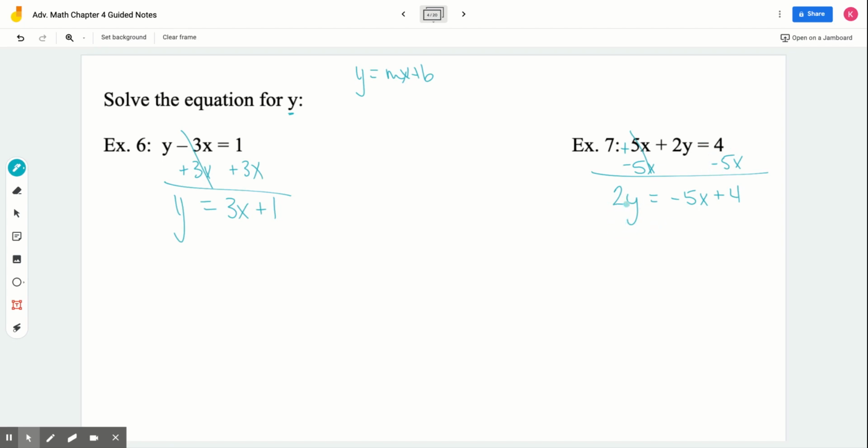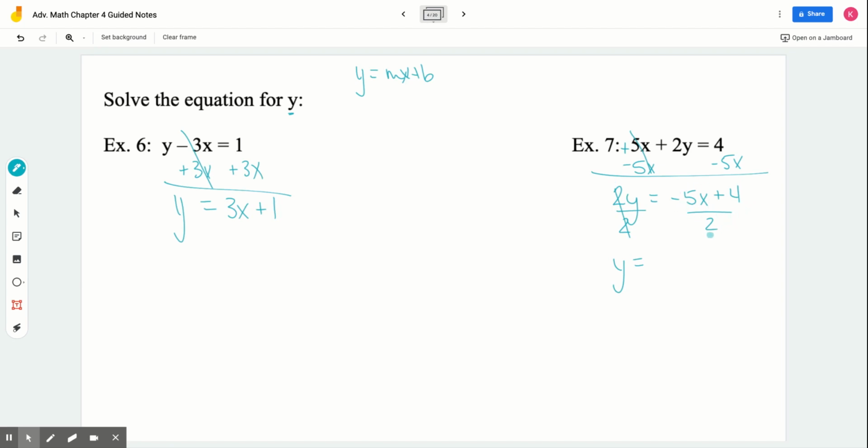Now we see that we have y on the left side of the equation, but it's not by itself yet because we have 2y. We know that 2 and y are being multiplied, and the opposite is to divide. When we divide by 2 on each side, 2y divided by 2 is simply y. But every term on the right side needs to be divided by 2.